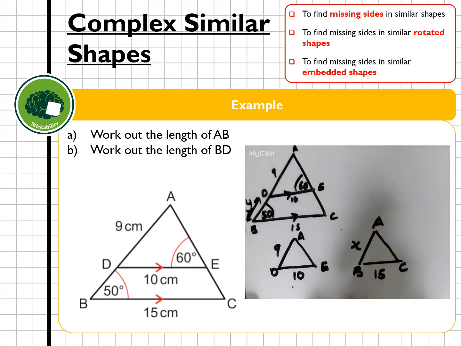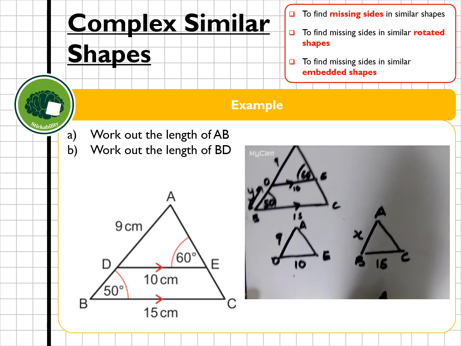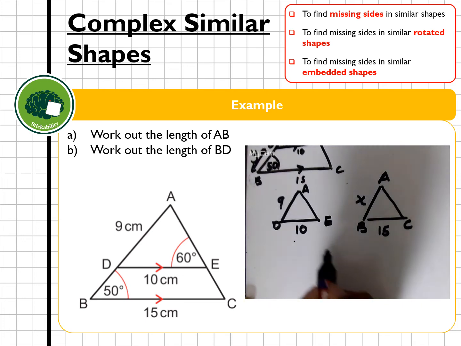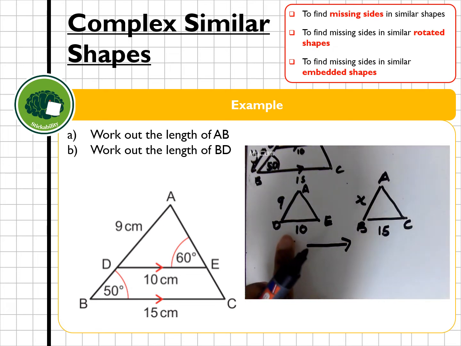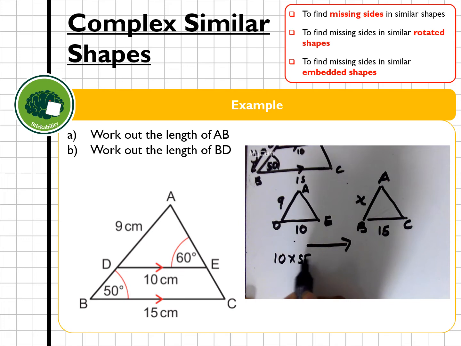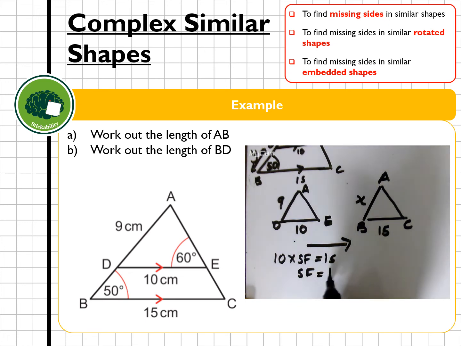Now having a look down here, I can start the process as I normally would. I want to get from this triangle to this triangle. My matching sides are at the bottom here, so I know I've got 10 times my scale factor gives me 15, which means my scale factor is 15 divided by 10, which is 1.5.